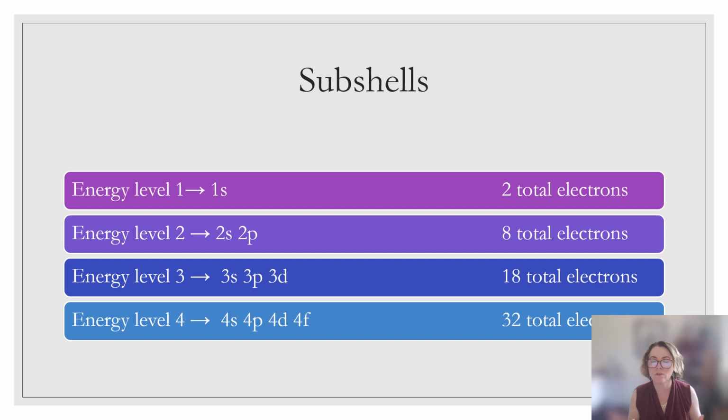So that gives us a total of 18 electrons. And then for energy levels 4 and up, we have S, P, D, and F. S is 2, P is 6, D is 10, F is 14. Add those all together, and that gives you a total of 32 electrons.